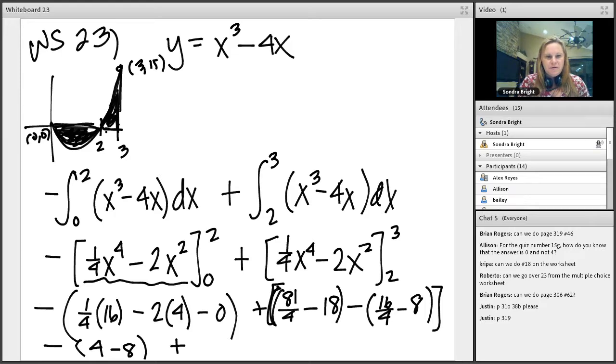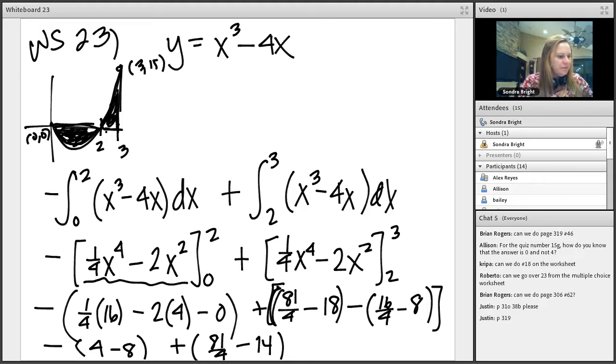And so this ends up giving you a what? That's a negative 4, so plus 4. So 81 over 4 minus negative 4, so minus 14. Now, that will end up being a positive value, right? Yes, I did it right.